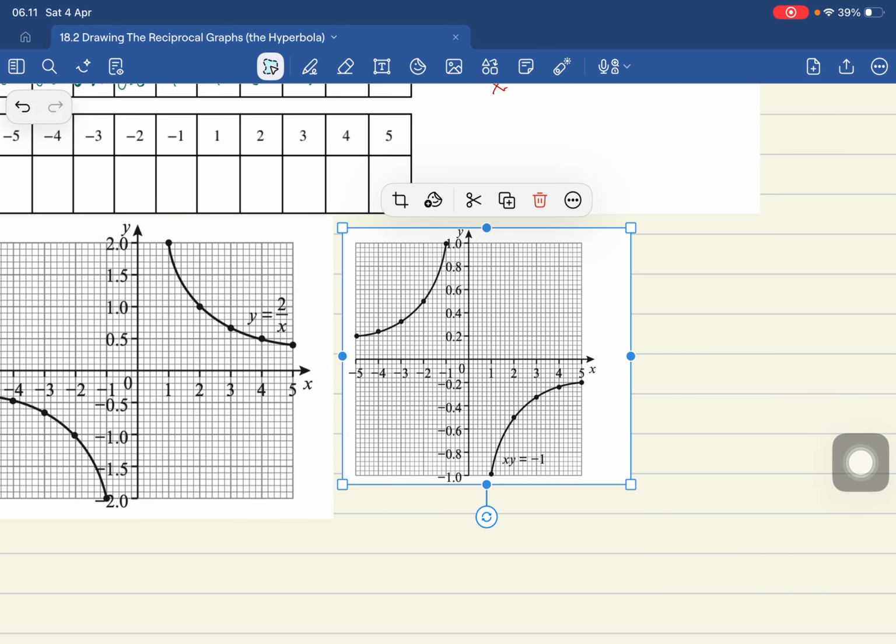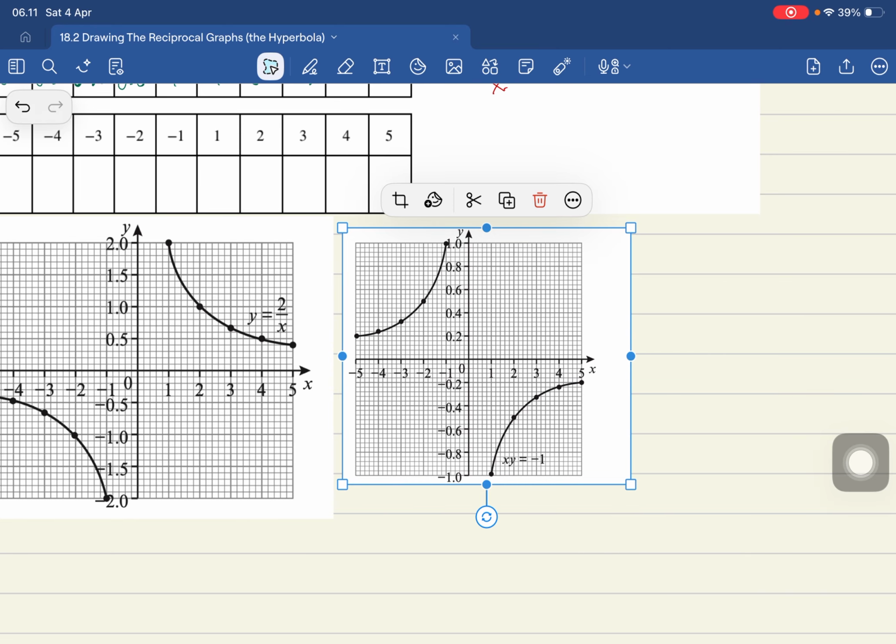Okay, let's draw it. As the asymptote is y equals 2, we draw the line y equals 2, and the reciprocal will never touch it. Then we plot when x equals minus 5, y is 1.2, when x equals minus 4, y is 1, and plot all the points and draw it.